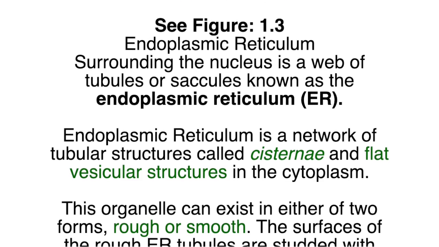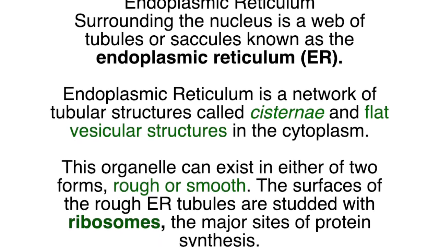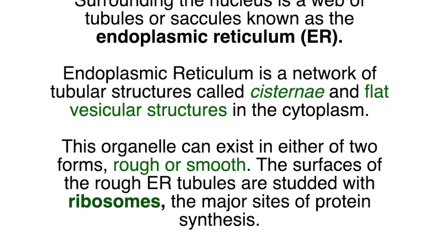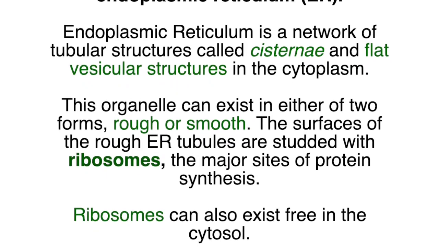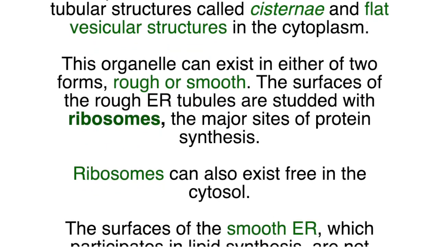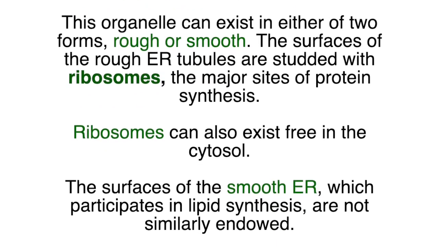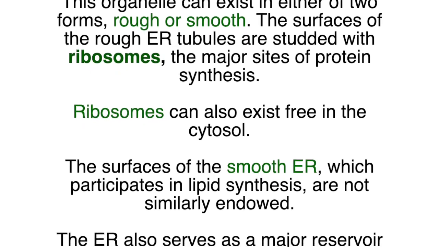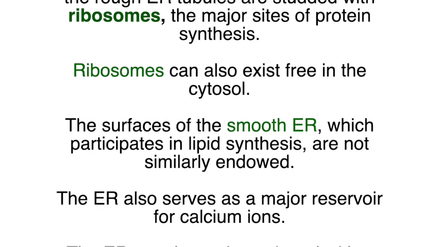This organelle can exist in either of two forms, rough or smooth. The surfaces of the rough ER tubules are studded with ribosomes, the major sites of protein synthesis. Ribosomes can also exist free in the cytosol. The surfaces of the smooth ER, which participates in lipid synthesis, are not similarly endowed.